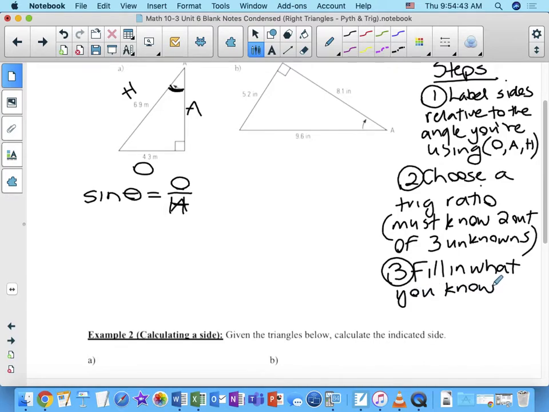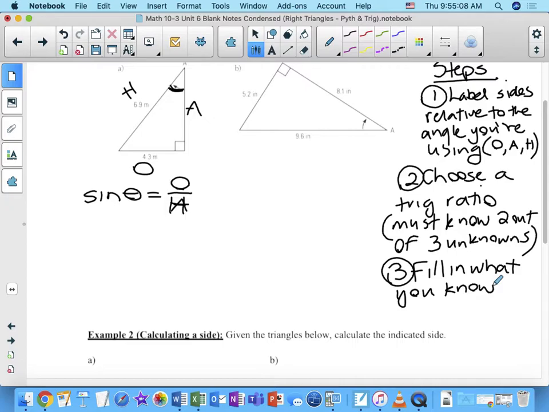Okay? Do I know the angle? No. What is the angle called in this triangle? What's it labeled as? Up here.